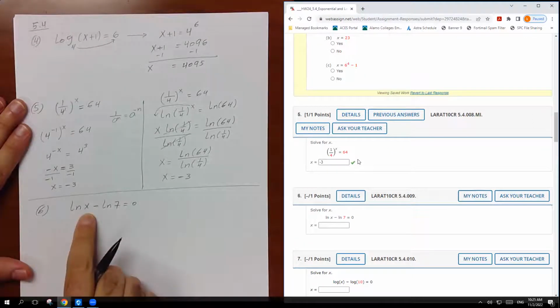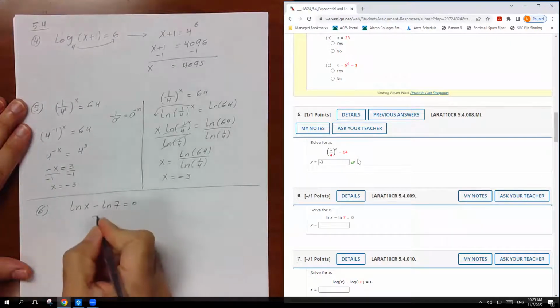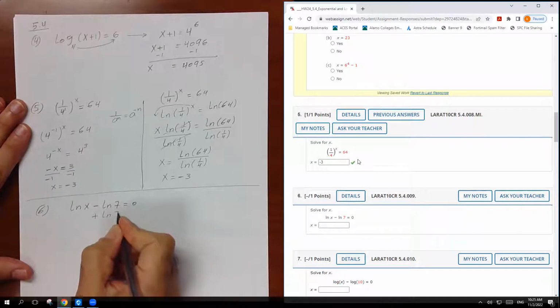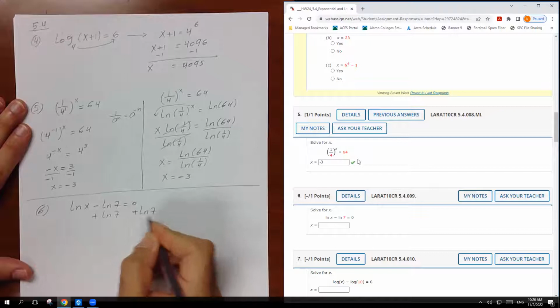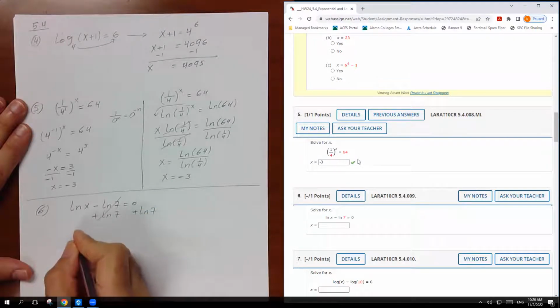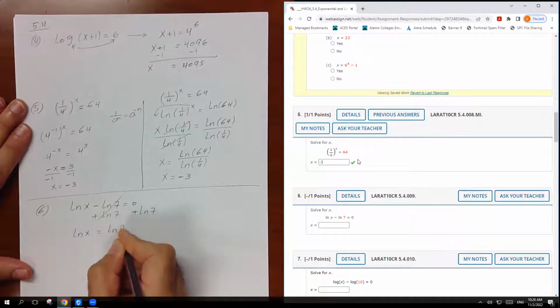Ln x minus ln 7 equals 0. I'm going to move ln 7 to the other side, so I'm going to add ln 7 to both sides. Cancel here. So it's going to be ln x equals ln 7.